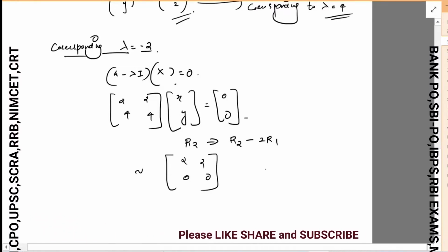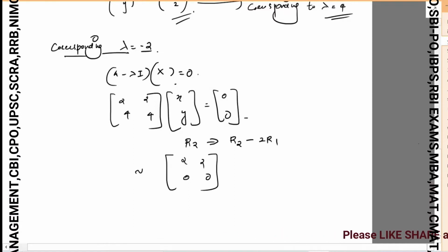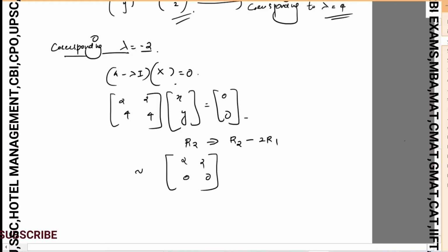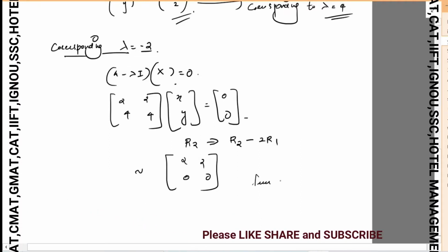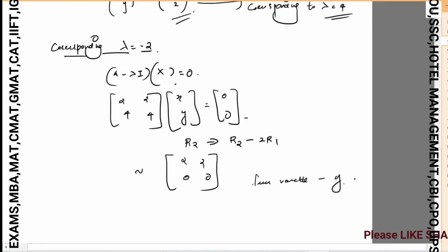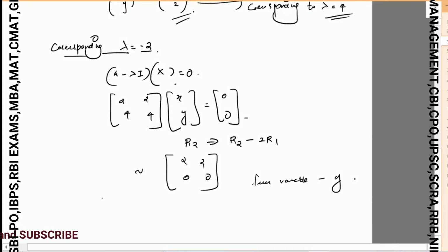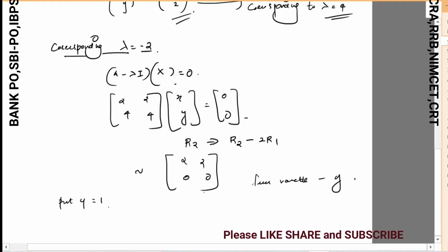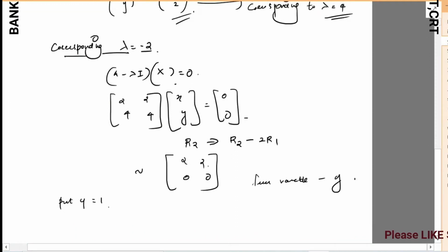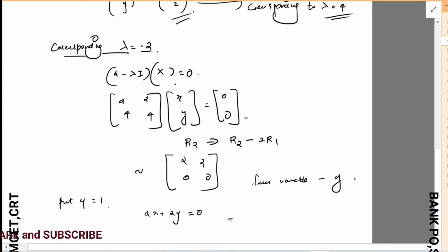Again rank is equal to 1, which is less than the number of variables. So here there is only one free variable, and that free variable will be y. Substitute some values for y. So I am giving y equal to 1. From the first row we will get 2x plus 4y equal to 0.